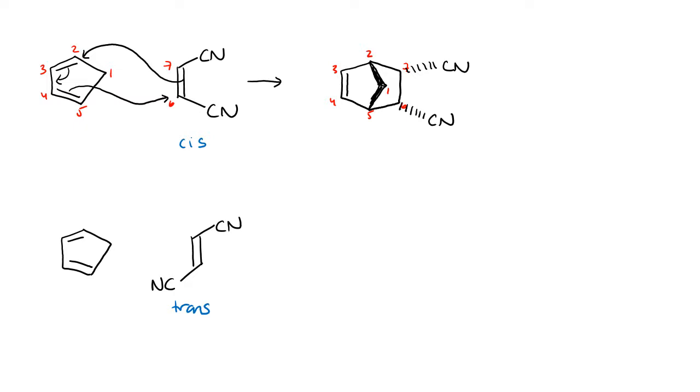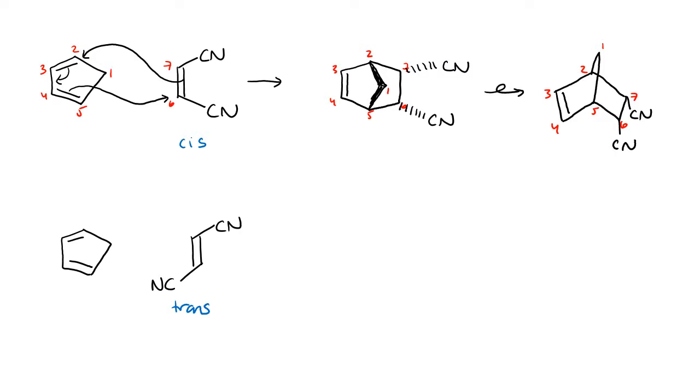I'll go ahead and redraw it in the other form. Okay, so we're going to have the cyano groups pointing down in the opposite direction as our smallest bridge.